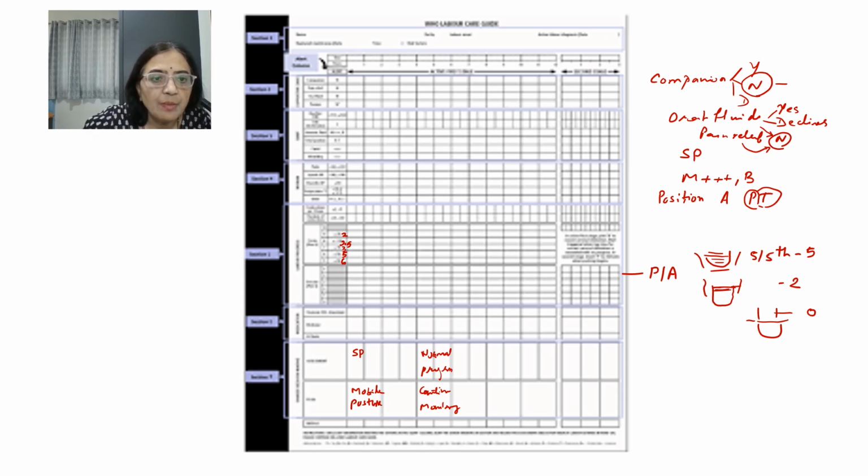Whereas for our implementation, the approach suggested by WHO is assess, record, check, plan. So whatever we assess, we record here. All these columns we will be recording, as per the timing. Suppose we record that in the deceleration, it is a variable deceleration.